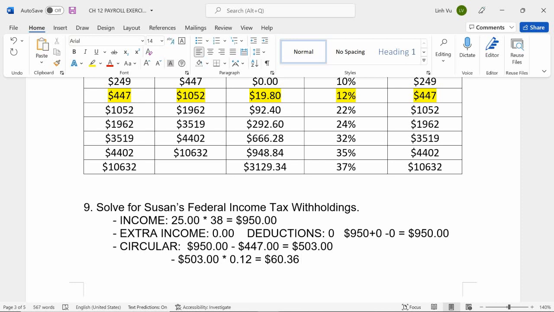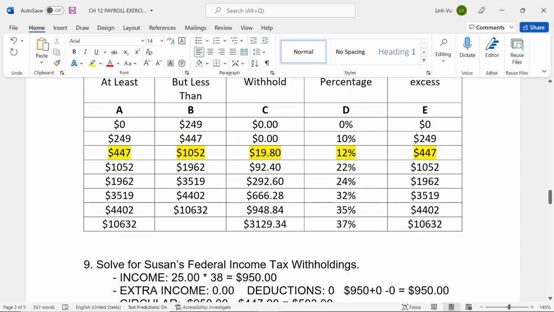What about the money that the government's gonna take from you no matter what? Yes, the government's gonna take money from you no matter how much money you make. That's the extra money. Look at the table.